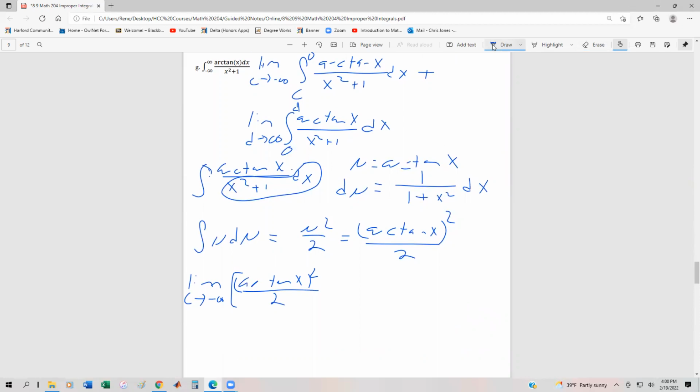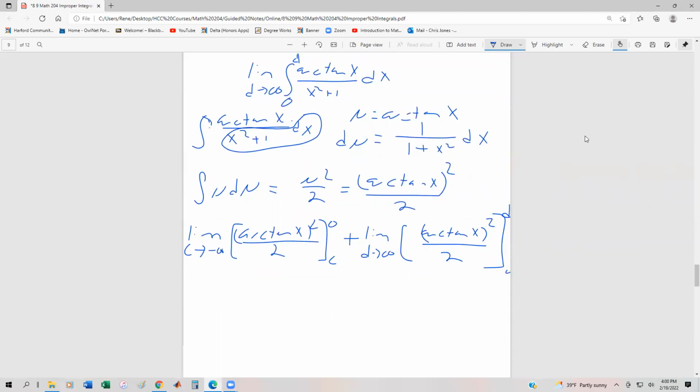Plus the limit as d approaches positive infinity of the same thing, from 0 to d.